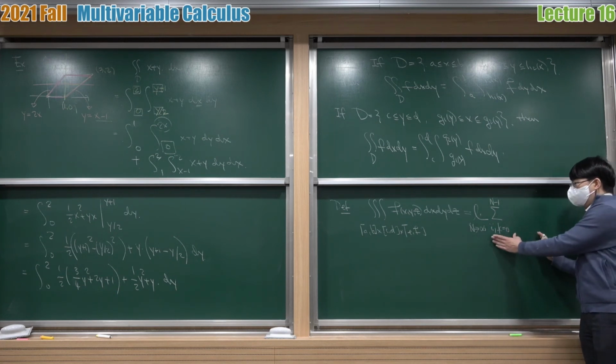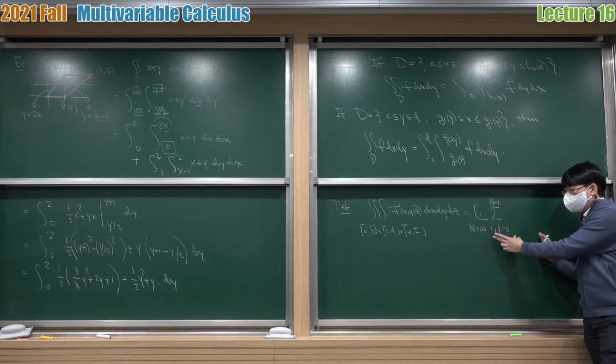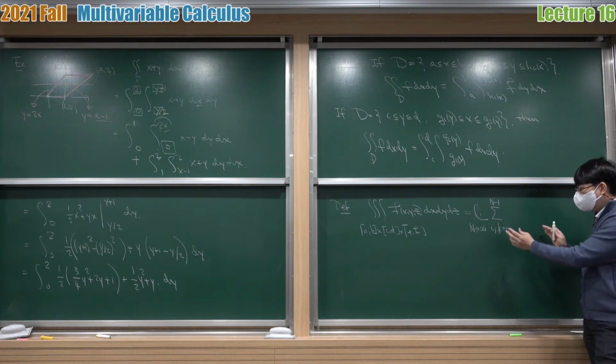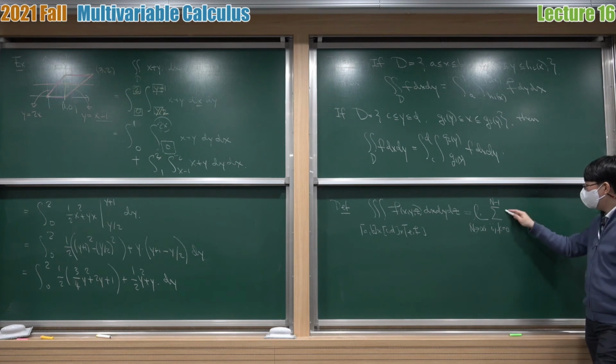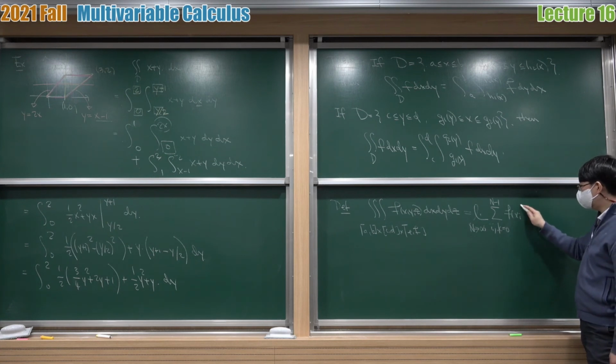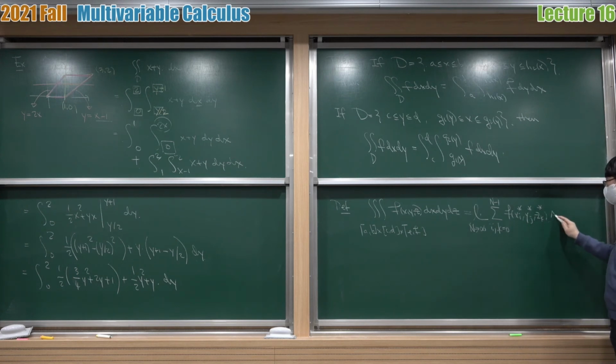Although I put only one sigma there, you should think of it as three sigmas. Each of i, j, k independently runs from 0 to n minus 1. And then you take f of xi star, yj star, zk star, times delta xi, delta yj, and delta zk. This is the triple integral.